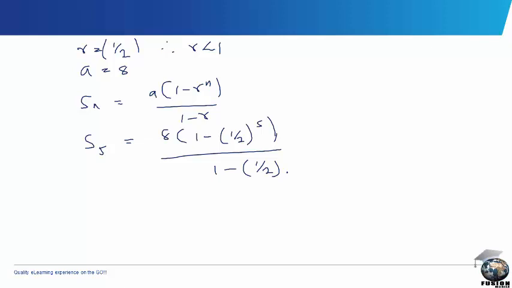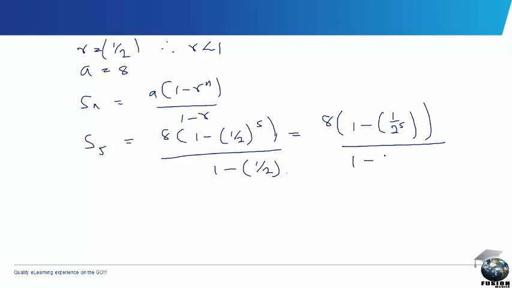And so we continue our computations. This is equal to 8 into 1 minus 1 over 2 raised to the power 5, over 1 minus 1 over 2.